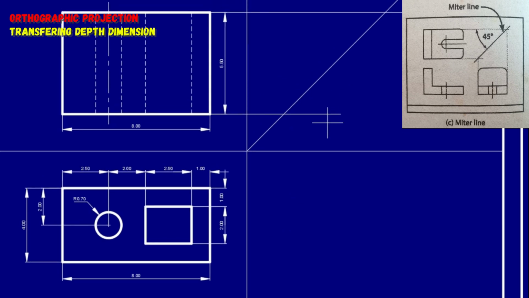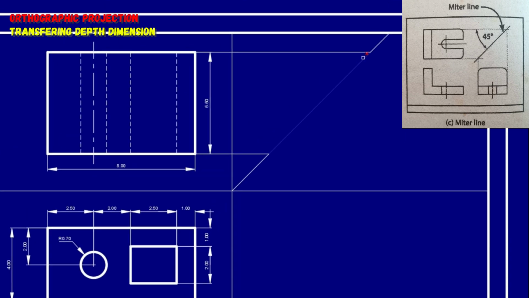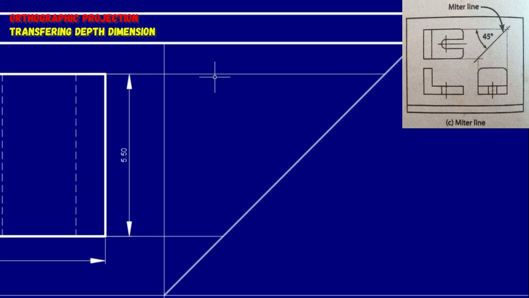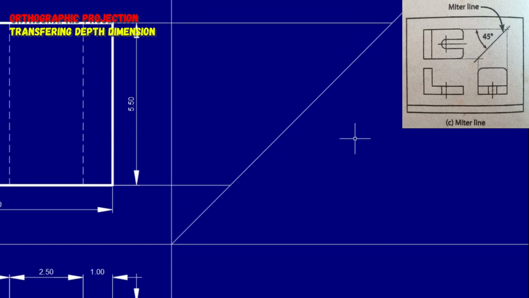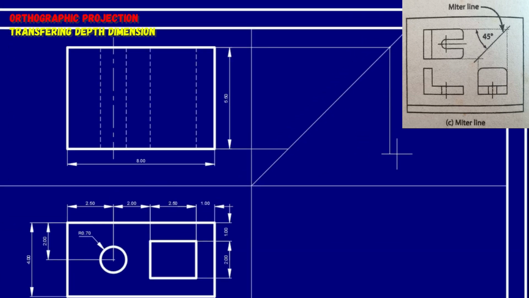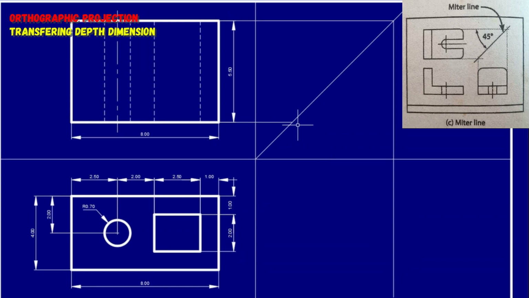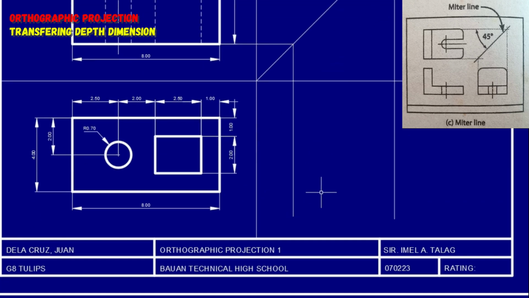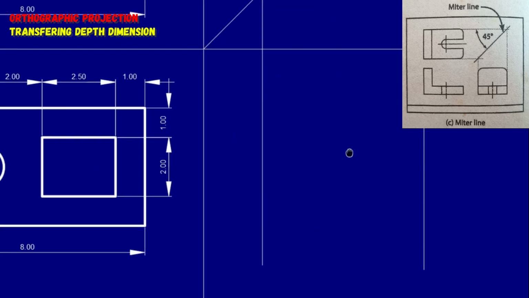Okay, so yun, so i-project muna natin going to the 45 degrees miter line, and the intersection between these two projectors, okay, and this 45 degrees miter line, yun ngayon ang ipo-project natin pababa para makuha natin ang depth dimension of this right side view.